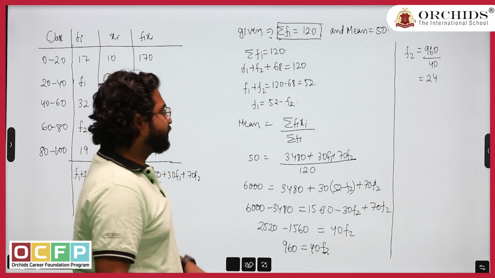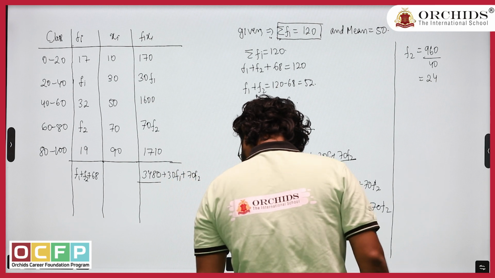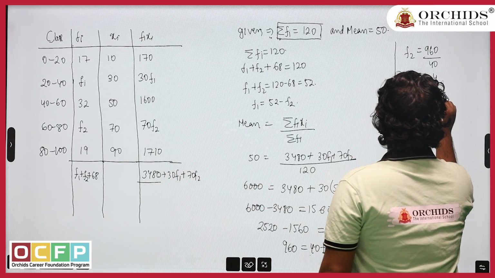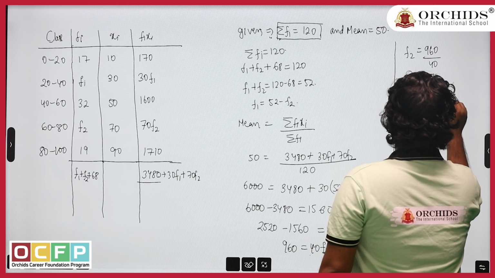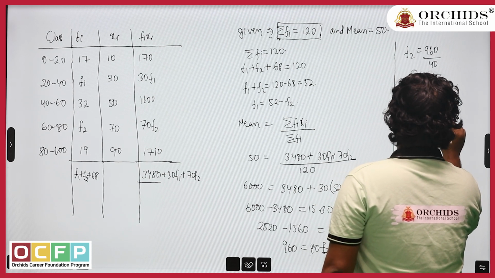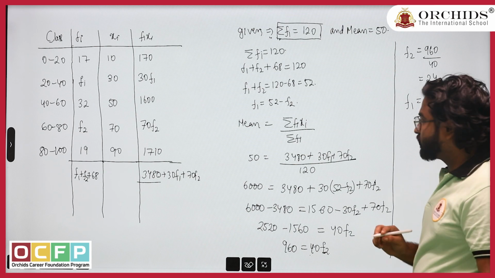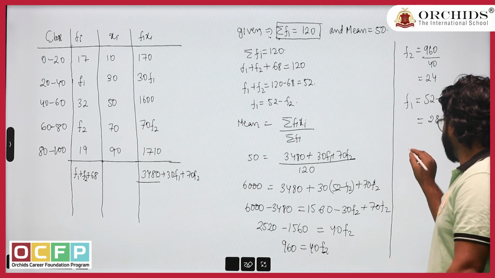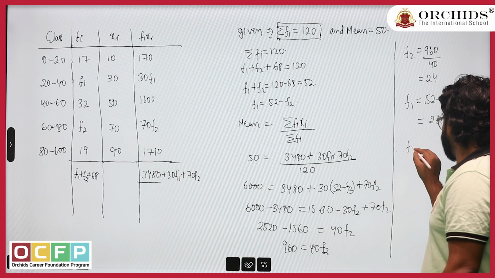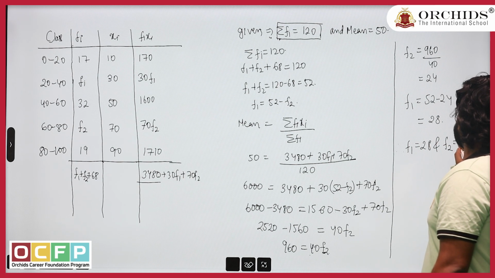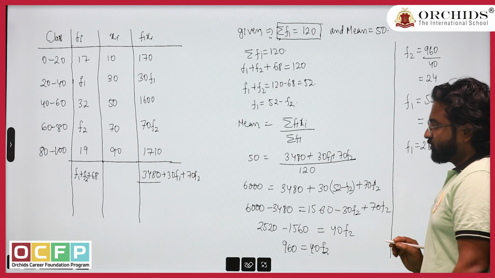F1 we can easily figure out. F1 is equal to 52 minus 24, which is equal to 28. So I got my missing frequencies, f1 and f2. Therefore I am going to say f1 is equal to 28 and f2 is equal to 24.